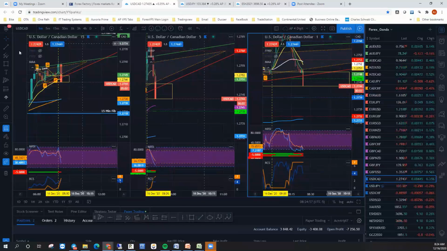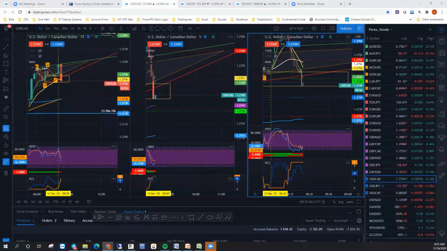Let's see. This is the USD/CAD. I am still convinced that this is the pullback. Well, we'll soon find out.